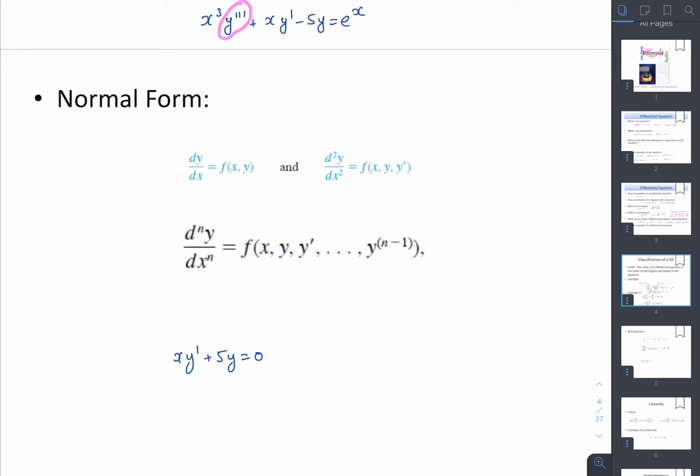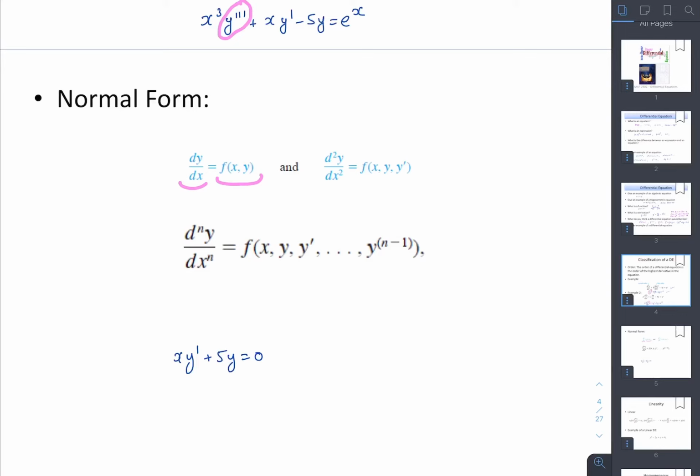Basically, you take the highest derivative on one side, on your left-hand side, and move everything else to the right-hand side. So you have the highest derivative here, and then everything else on the other side. We call such rewriting the normal form of that differential equation.